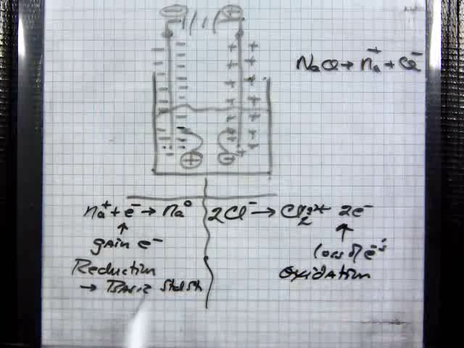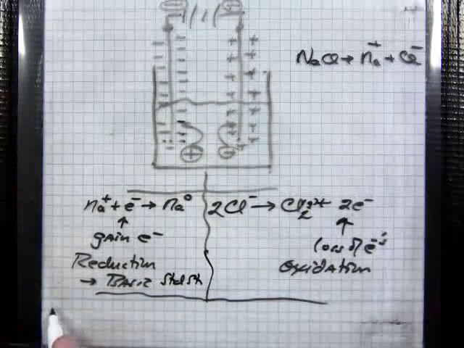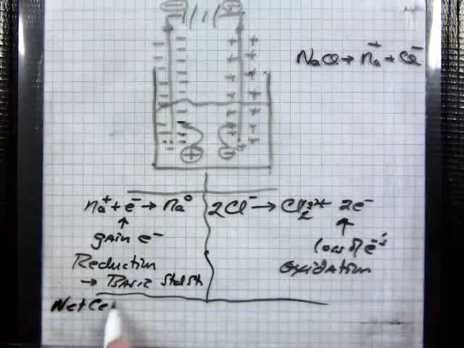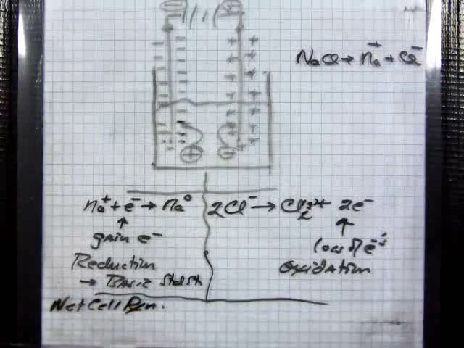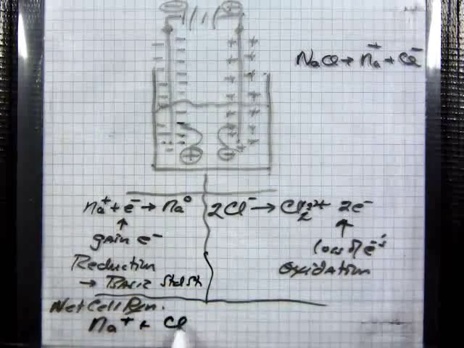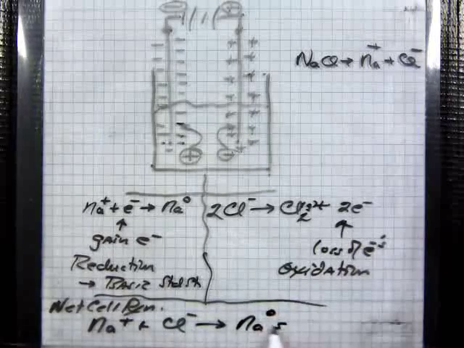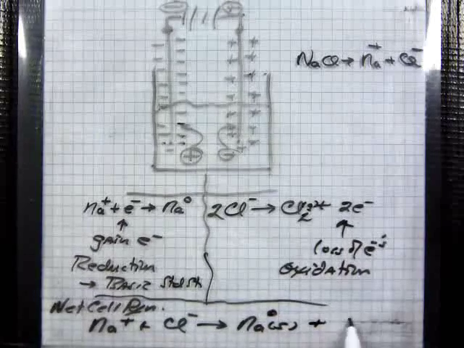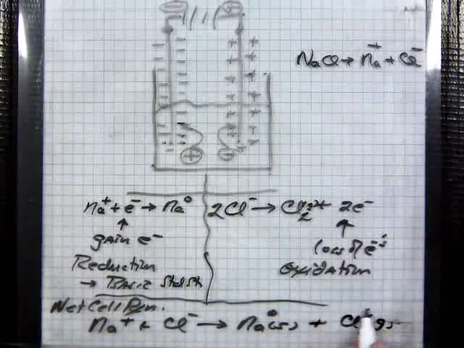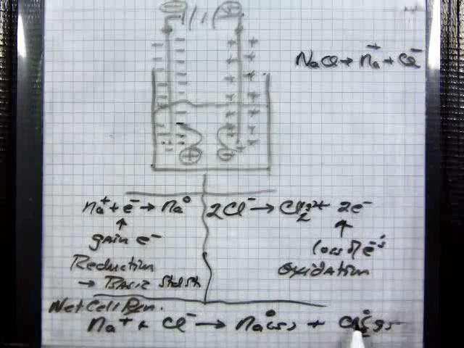And so if you put these together, you will have what we call the net electrolytic cell reaction. It would be the sodium ions plus chloride ions go to sodium in basic standard state, solid, plus chlorine gas. I put a circle superscript to indicate that it's back to neutral, which is basic standard state for that substance.